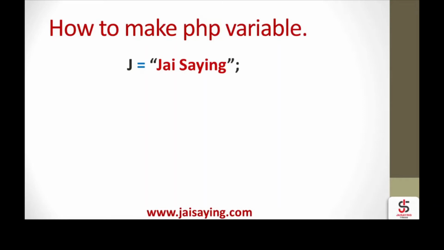How to make a PHP variable. Simple. You need to write one variable, $j equals double quote just saying. Okay, so this is the way of writing the variable, and then just type echo and the variable name.